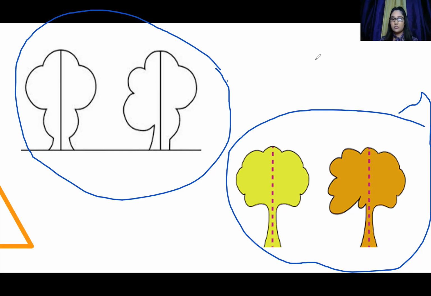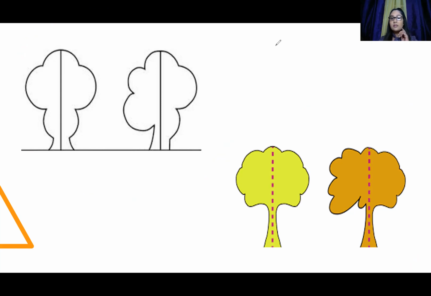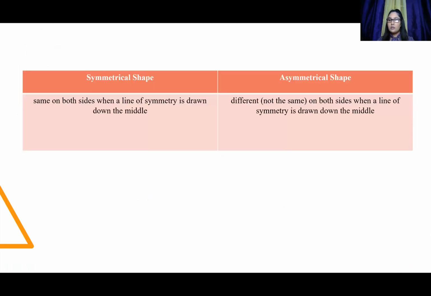Let's move on to what the differences are. Symmetrical shapes are the same on both sides when a line of symmetry is drawn down the middle. As I already showed you, the square is a symmetrical shape. The line of symmetry is drawn down the middle and makes two equal parts.